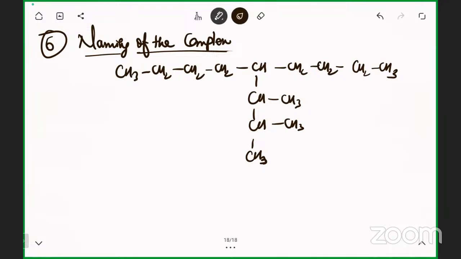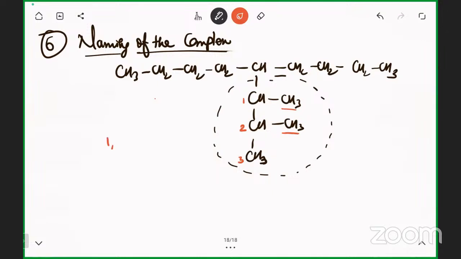But how do I write the name? This particular thing is a complex substituent. So I'll name this side chain as a complex substituent. For that, I'll start from the position where it is bonded with the main chain carbon. So 1, 2, 3 carbons are present. First, I'll write the name. On the first position, a methyl group is present. On the second position, a methyl group is present.